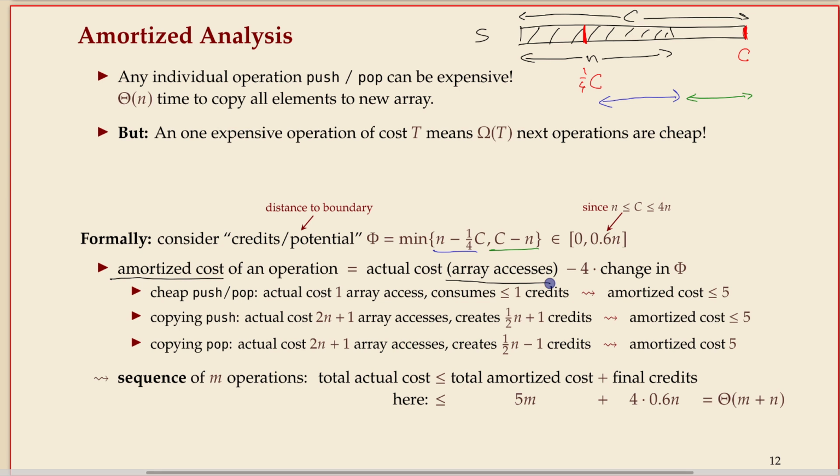But we might have to do many more if we have to resize the array. But then the amortized cost also takes into account the change in potential. And why this is multiplied by 4, that's just to make the math work. There's no easy way to see this.